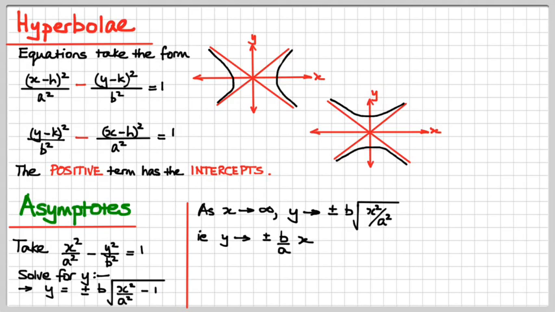So, what happens is, as x approaches plus infinity or minus infinity, this term completely dwarfs that term there. If you neglect that term, that is what's keeping the graph off the asymptote.